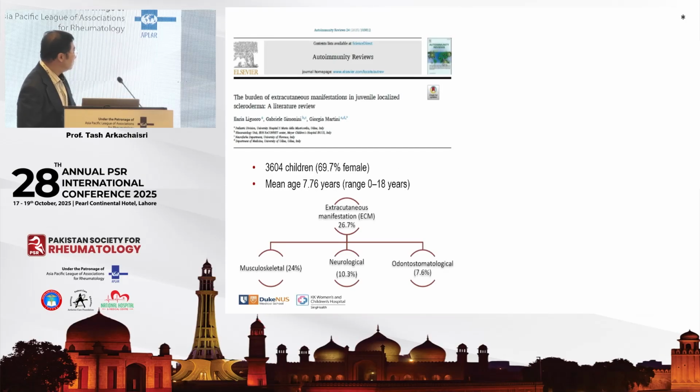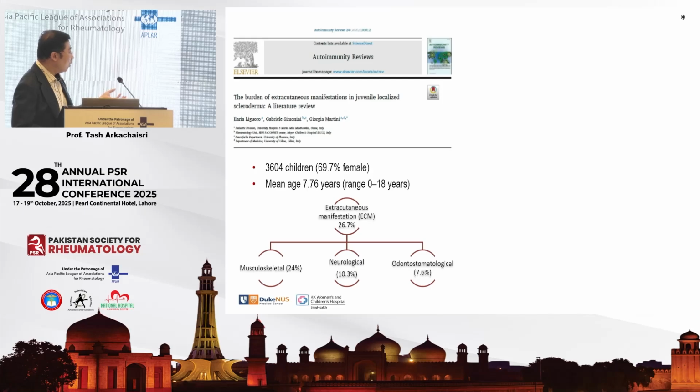Extracutaneous involvement, this is a meta-analysis anyway. About 3,000, almost 4,000 children in this literature review. About 30% will have extracutaneous manifestation, and these are the top three winners. Musculoskeletal, from joint contracture all the way to the arthritis, in 25%.